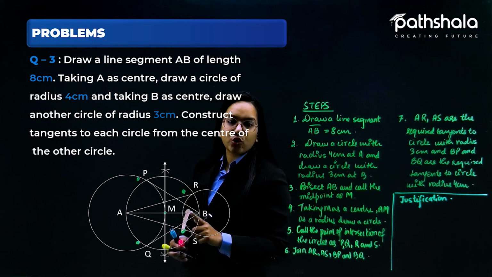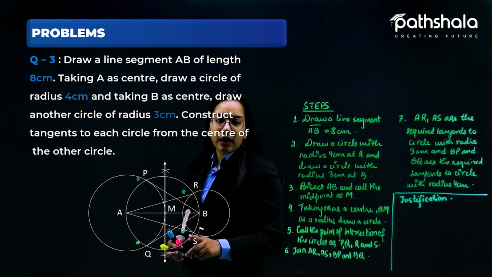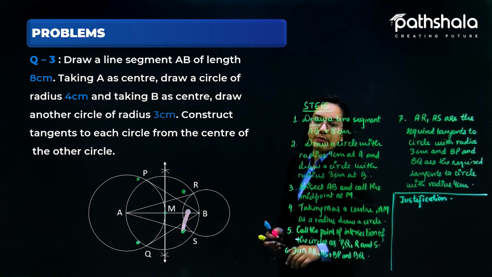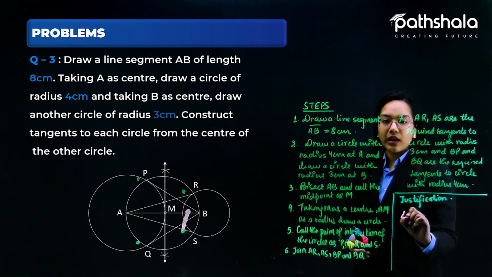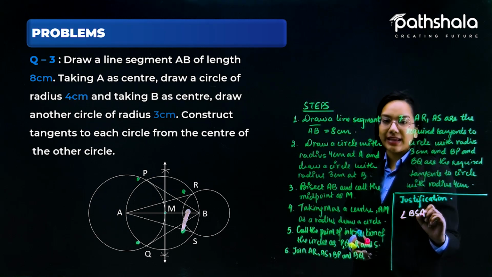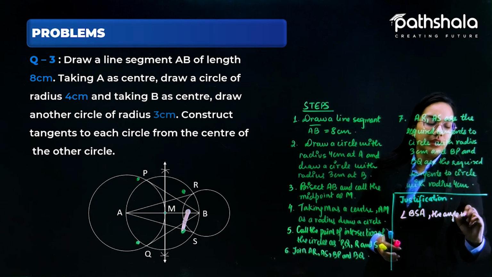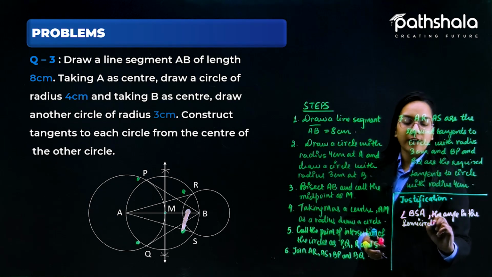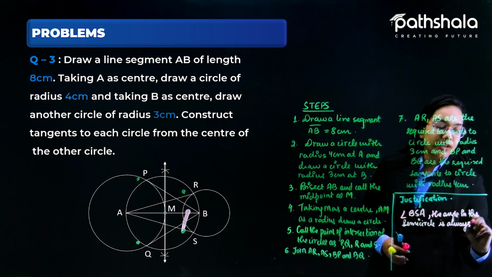So let us suppose I have joined this BS, now you can see that a triangle is formed, that is ASB. Now the angle BSA is actually the angle in the semicircle, and we know that the angle in the semicircle is always 90 degree.